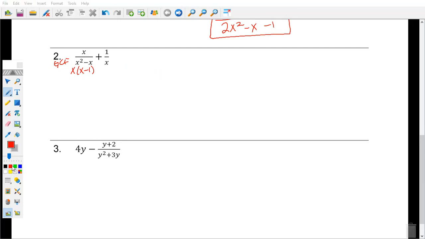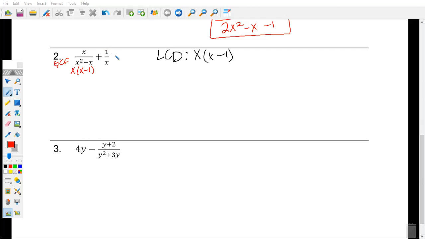So now I can state the LCD. So your LCD is first, what do they already have in common? X. And then what do they not have in common? X minus 1. So this is your least common denominator. So looking at the first fraction, it already has our LCD, right?